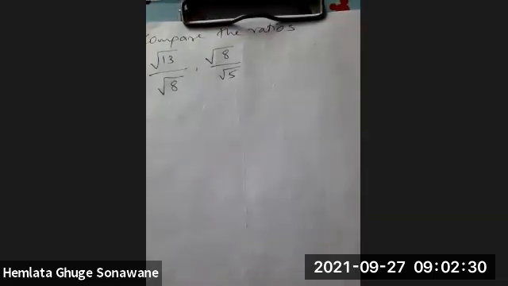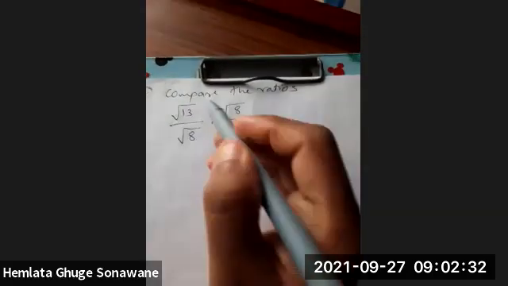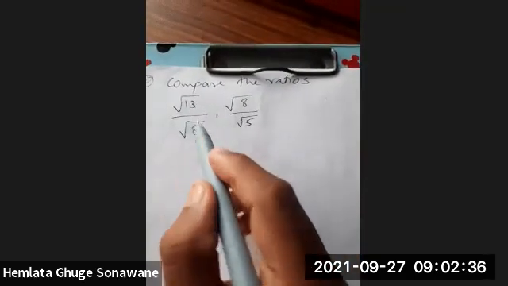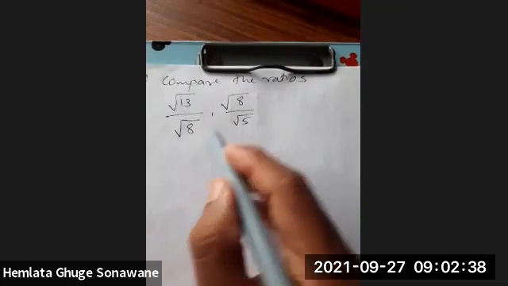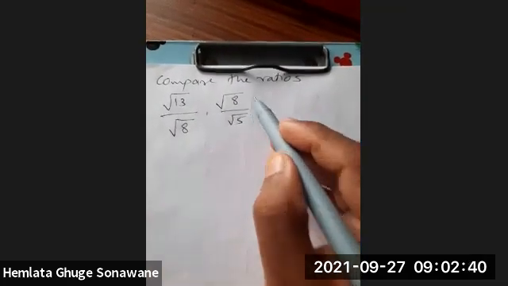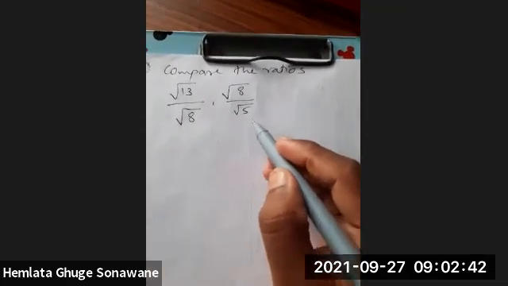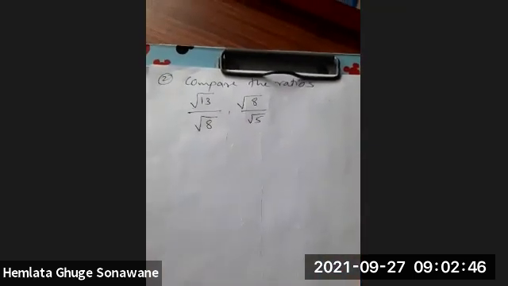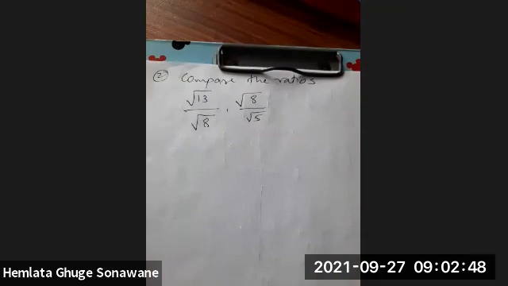Now we'll move towards the next question. All the questions are based on topic 4 only. Next example: compare the ratios under root 13 upon under root 8 and under root 8 upon under root 5. How will you compare these ratios, that is, greater than or smaller than?